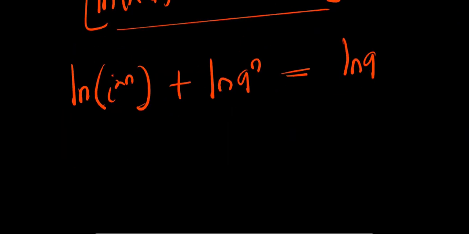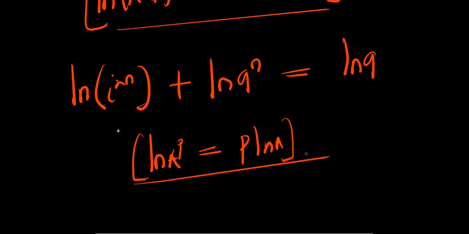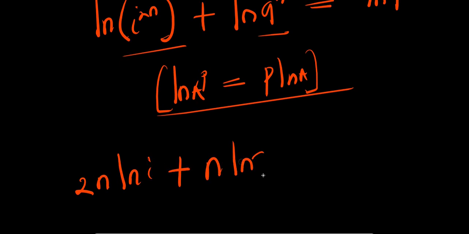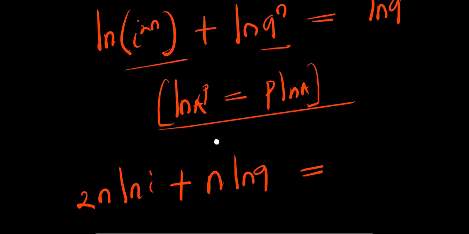So remember, natural log a power b equals b times natural log a. Applying that here and here, so we'll have 2n times natural log i plus n times natural log 9 equals natural log 9.